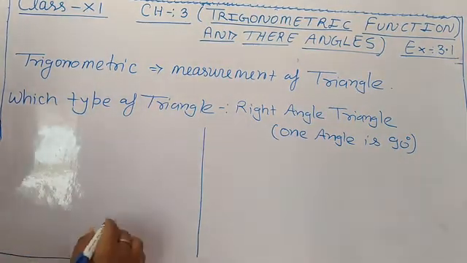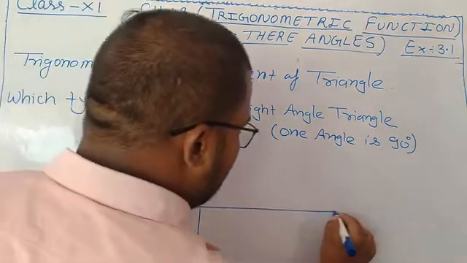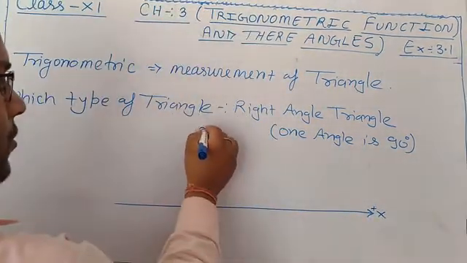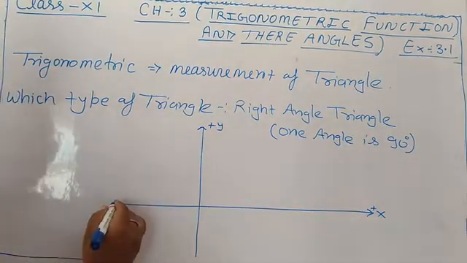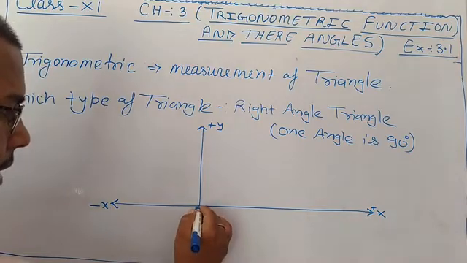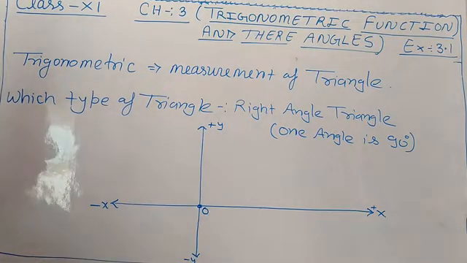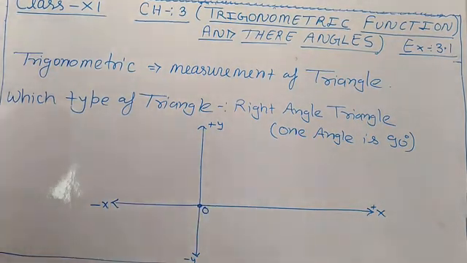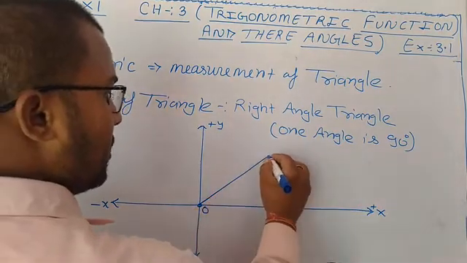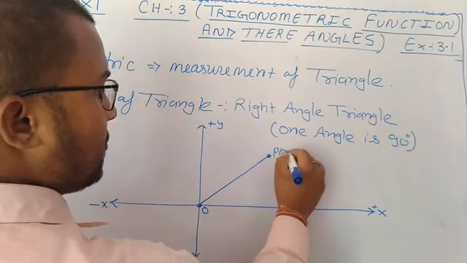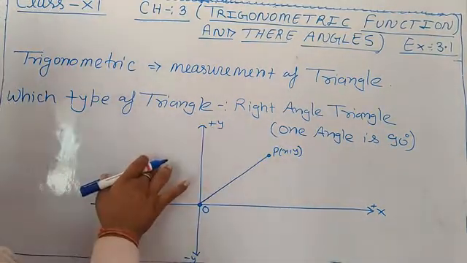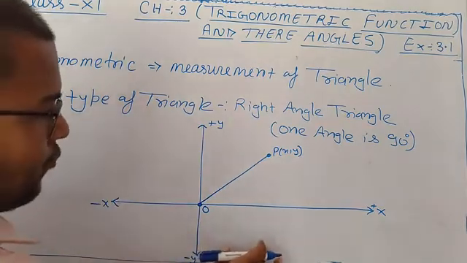Draw the Cartesian axes: positive x-axis, positive y-axis, negative x-axis, negative y-axis, and both axes intersect at point O. Point O is called the origin. Suppose, students, P is a point that lies on the first, second, third or fourth quadrant.